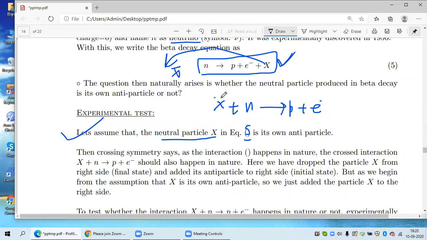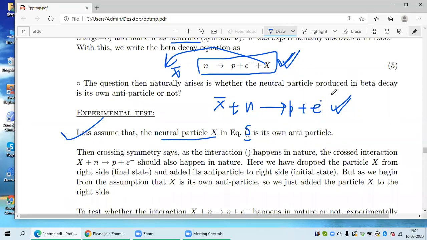So X bar plus n should also happen. If this happens in nature, I can say from our experience based on all reactions that happen in nature that this plus this should also happen. We expect this to happen in nature if this happens.